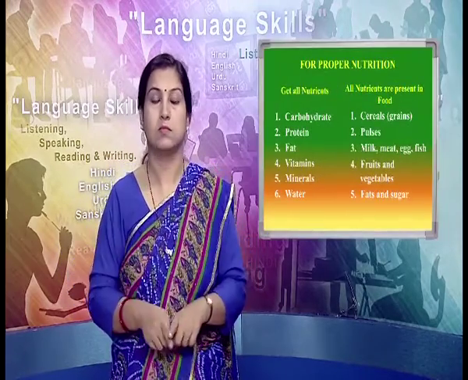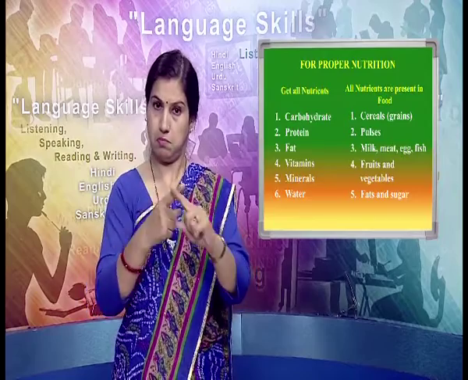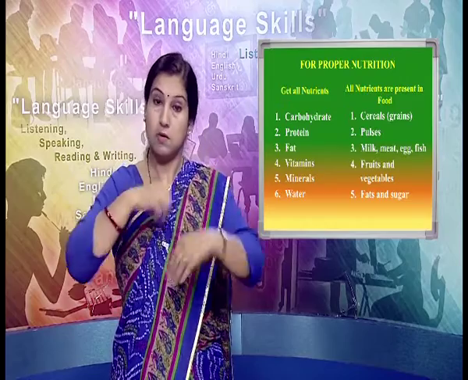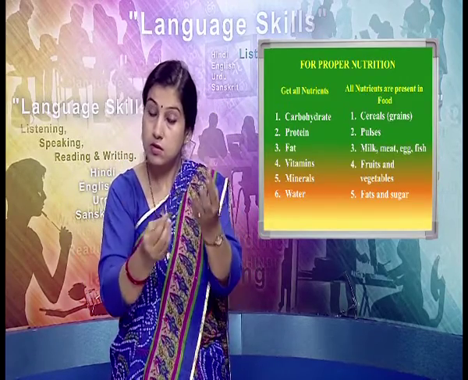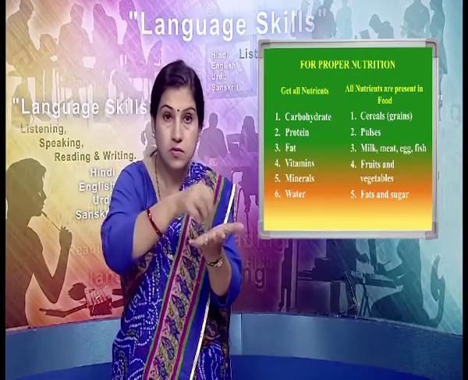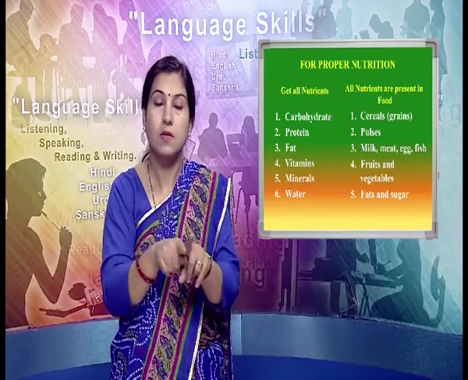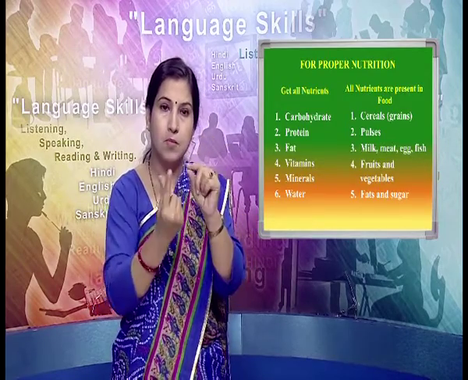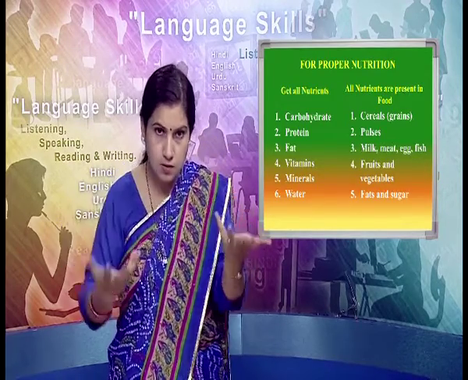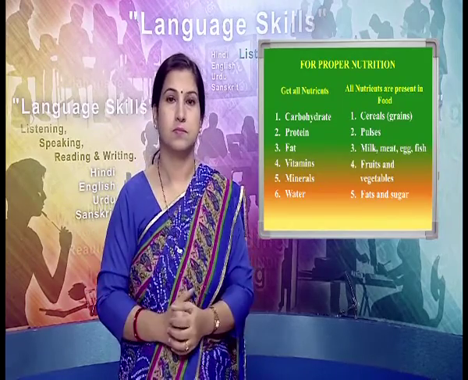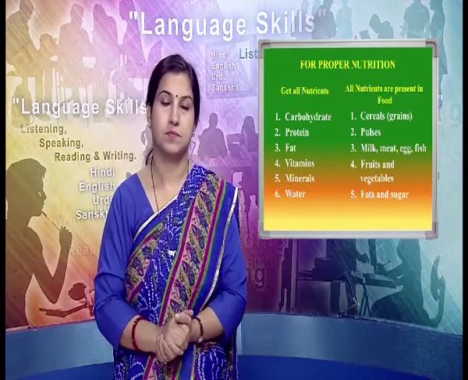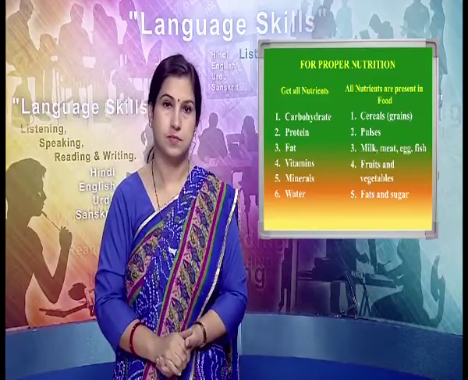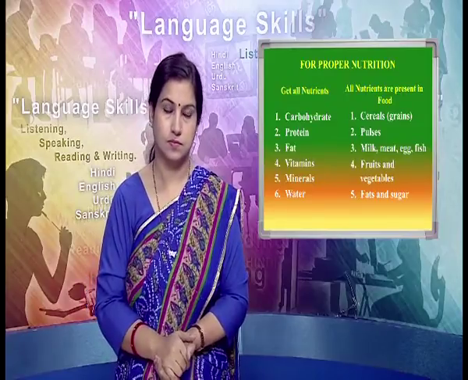For proper nutrition, you need the nutrients, which are 6, and all the nutrients are present in food: cereals, which are properly known as grains, pulses, milk, meat, egg, fish, fruits, vegetables, fats and sugar.